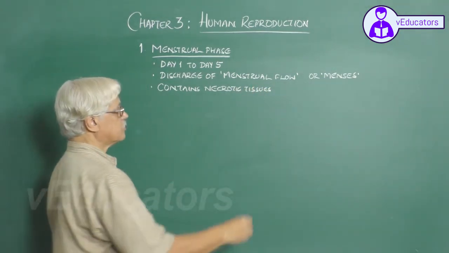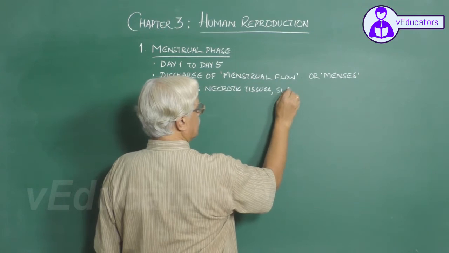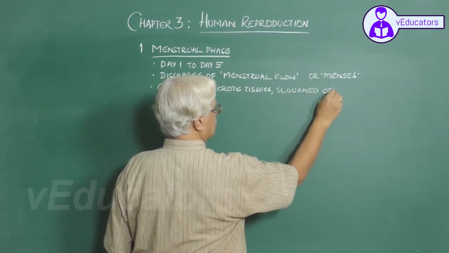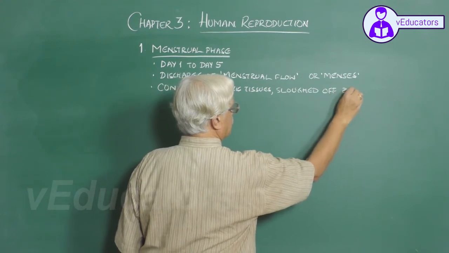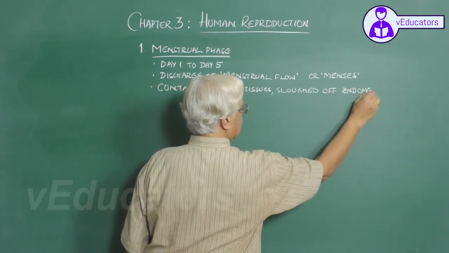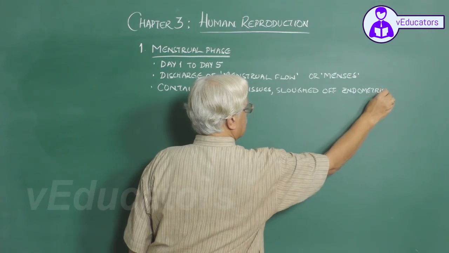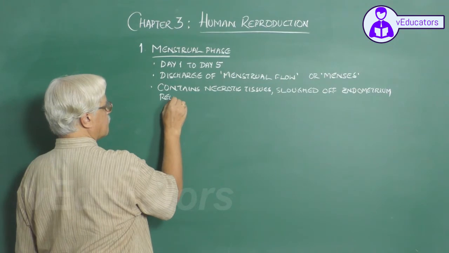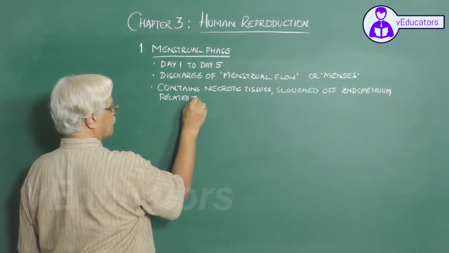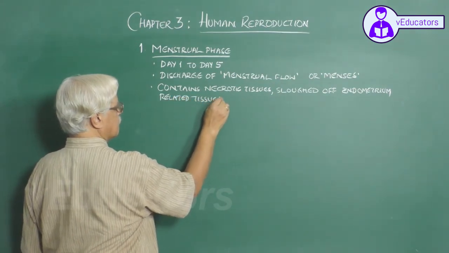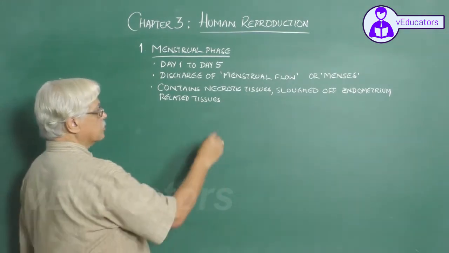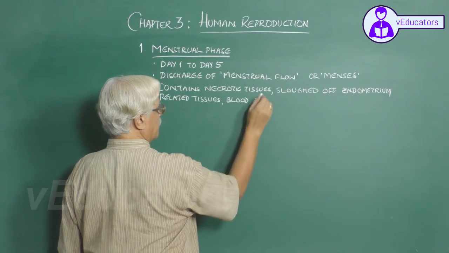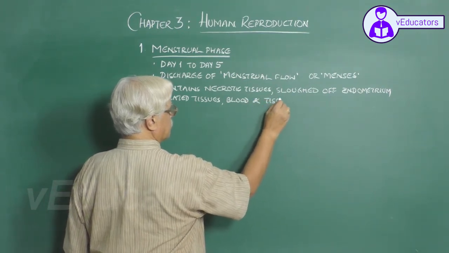Necrotic tissues, the slough of endometrium, related tissues, it also contains blood and tissue fluid.